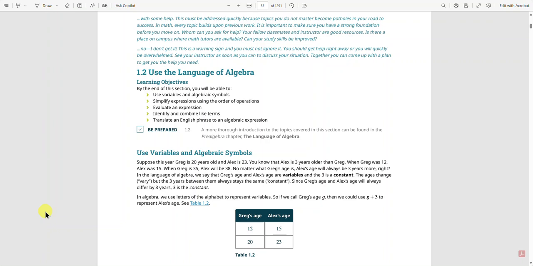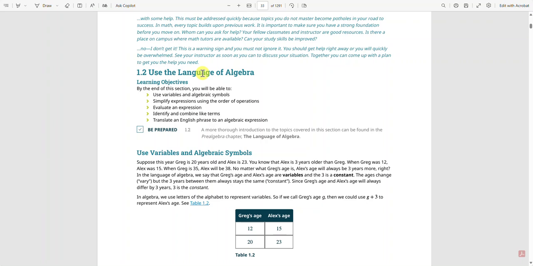We can see here that the title of this section is Use the Language of Algebra. And that may sound strange because algebra is a math course. So why are we talking about language? The reason is because we use symbols to communicate in algebra in the same way that we use symbols to communicate in language.